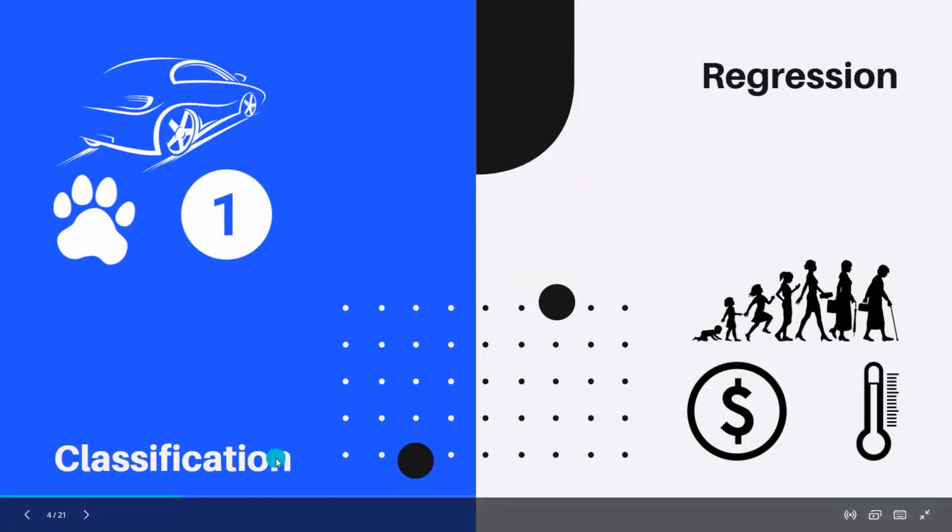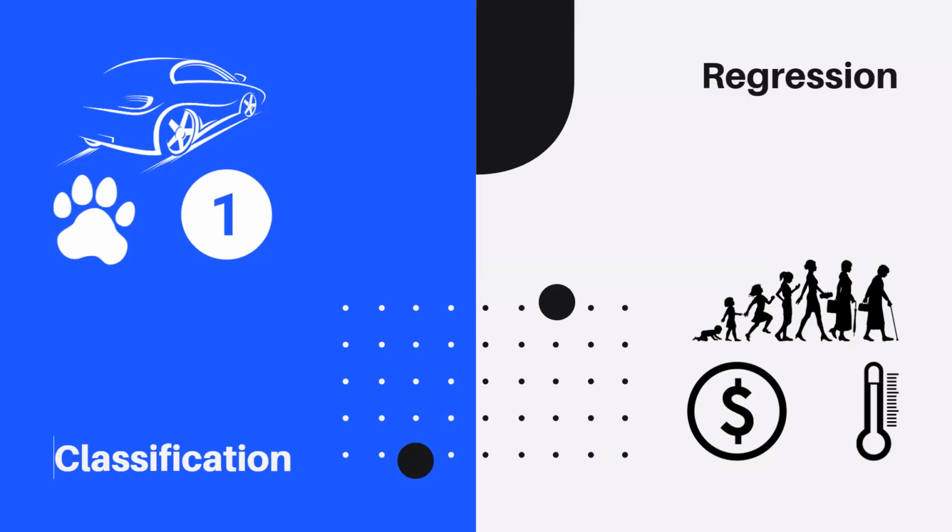Previously, when machine learning and data science started, classification and regression were both tasks used only for supervised learning, and other tasks such as clustering and dimensionality reduction were for unsupervised learning.